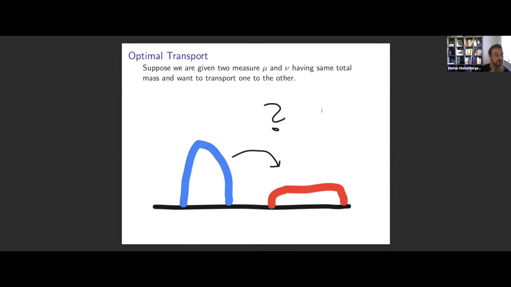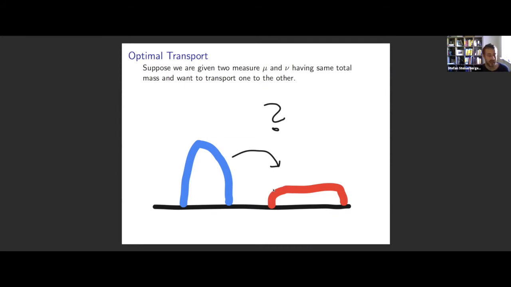So suppose we have 2 measures, mu and nu, and they have the same total mass, which we can assume is 1. Here's a nice probability distribution, looks a bit like a semicircle maybe, and here's some sort of uniform distribution. And the question is, how do I best transport one to the other? What does it mean to transport a measure? It means the actual literal physical transport.